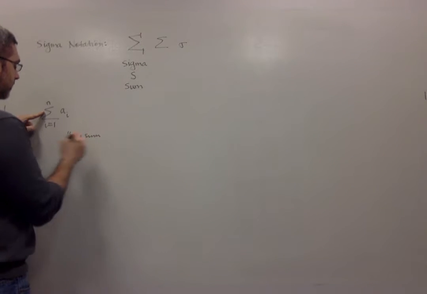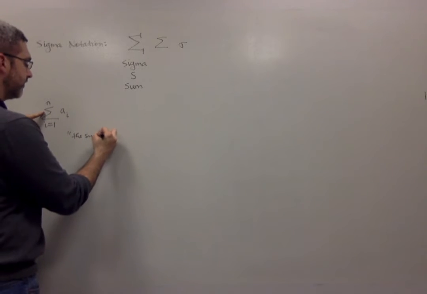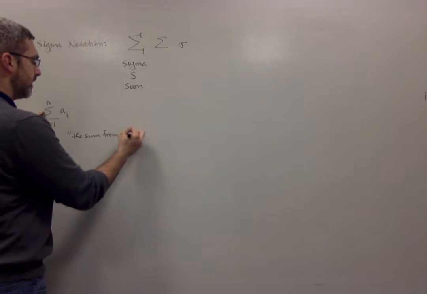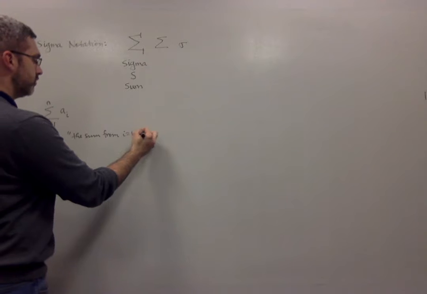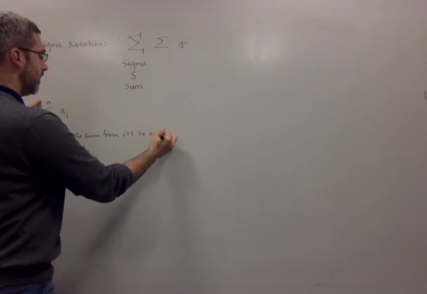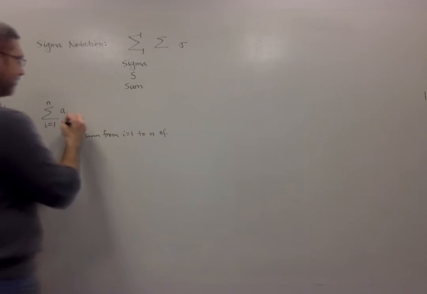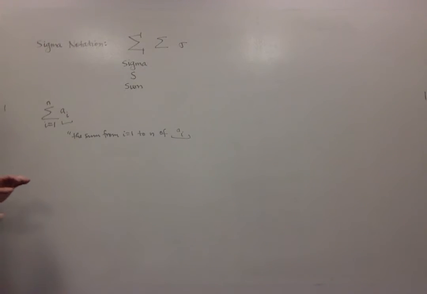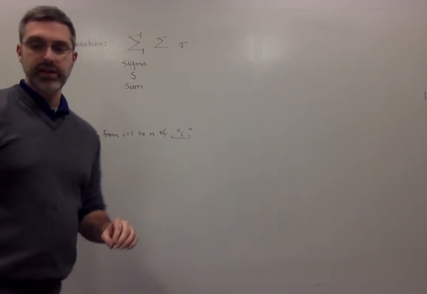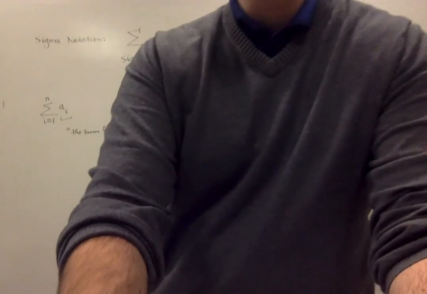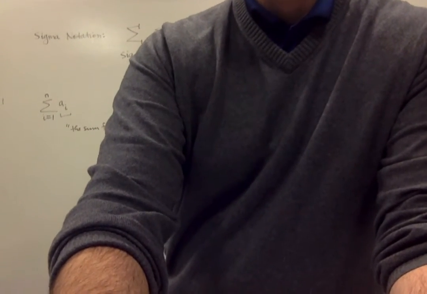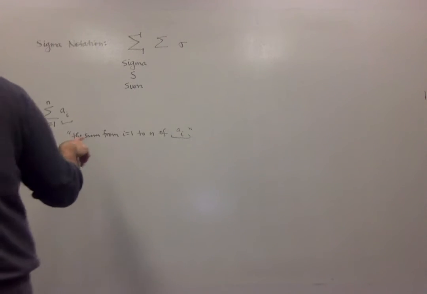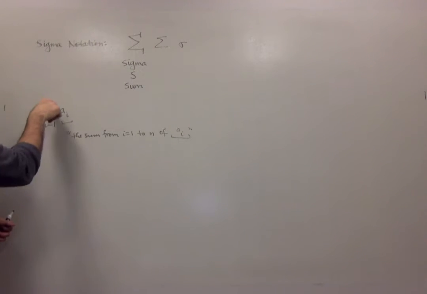You start with the sigma notation, the sum from i equals 1 to n of, and then whatever is sitting there, in this case, a sub i. Okay, that's how you read this notation. The sum from i equals 1 to n of a sub i.